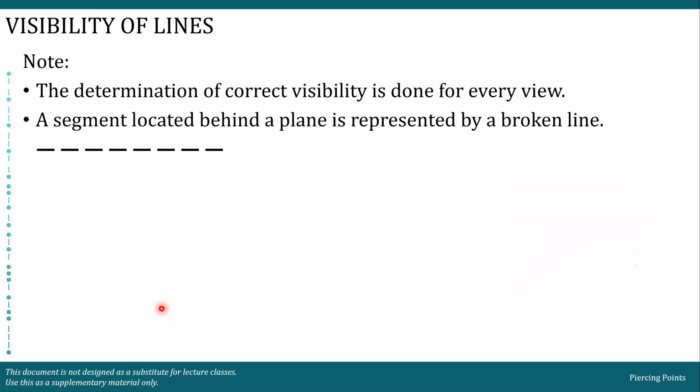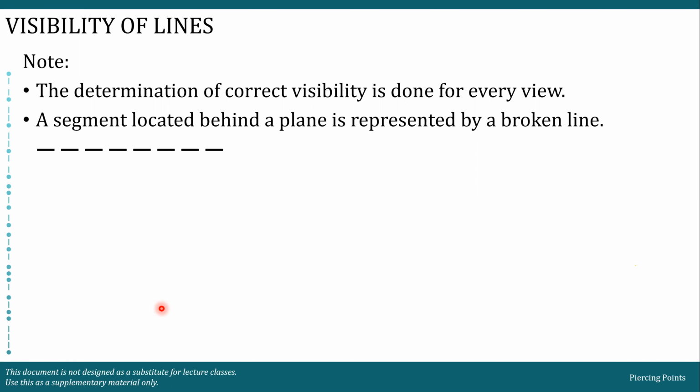So, let's now proceed to visibility of lines. Take note first that the determination of correct visibility is done for every view. Gusto kong i-emphasize ito, no? Ulitin ko lang, lagi siyang gagawin for each view. Anong ibig kong sabihin dito? Sometimes, most common error ng estudyante, kapag nakuha niya yung correct visibility sa top view, kinokopya niya lang yung visibility sa top view, tapos tinatransfer niya dun sa isa pang view.